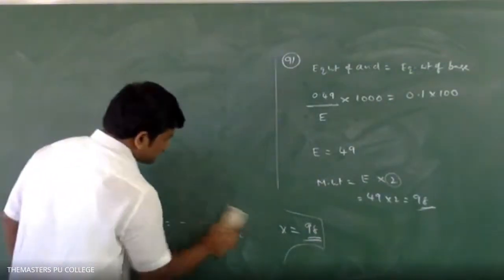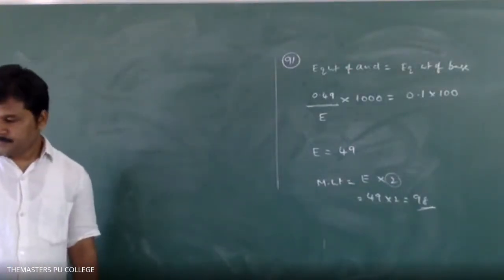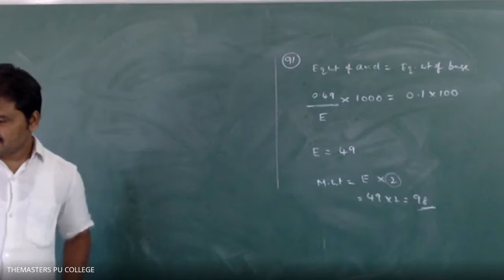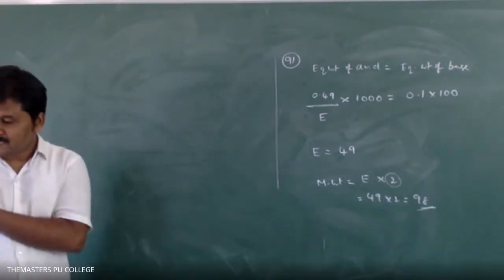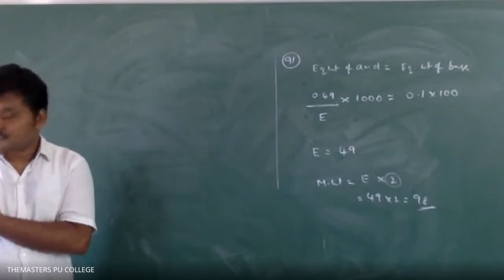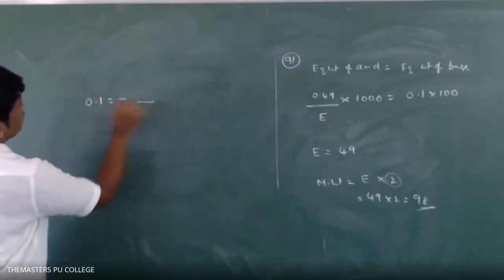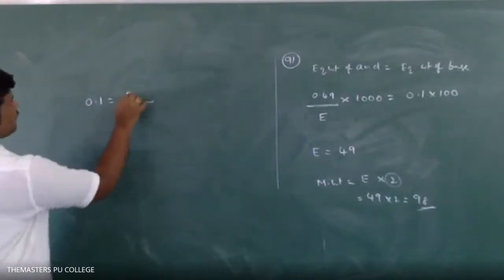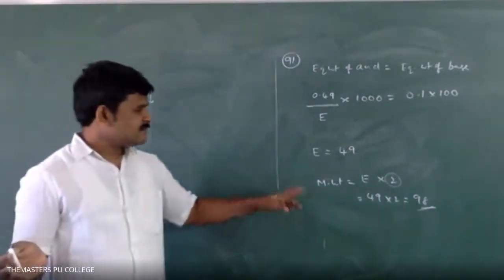Otherwise, you can apply one more method. That is also simple. You don't consider anything. What is the weight of substance given? 0.49. Normality 0.1 is equal to weight by gram equivalent weight. How to calculate equivalent weight?